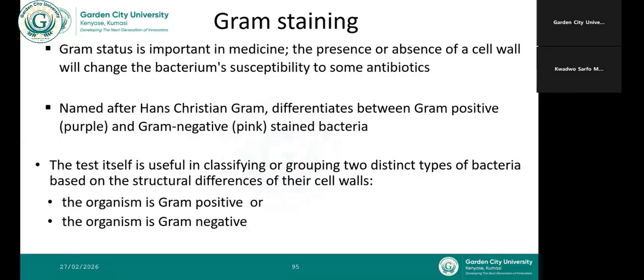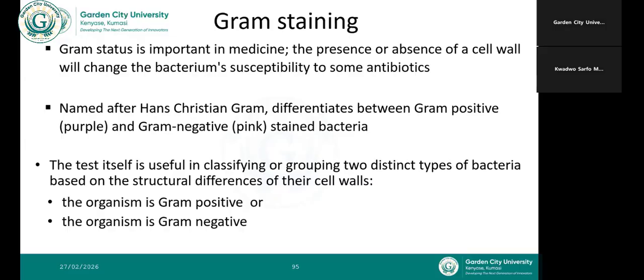So we have the peptidoglycan in the bacterial cell wall. But some are very thick, some are very thin. Those that are very thick are the gram-positive bacteria. Those that have very thin peptidoglycan layers in the cell wall are referred to as gram-negative. So here you see that it has nothing to do with charge.